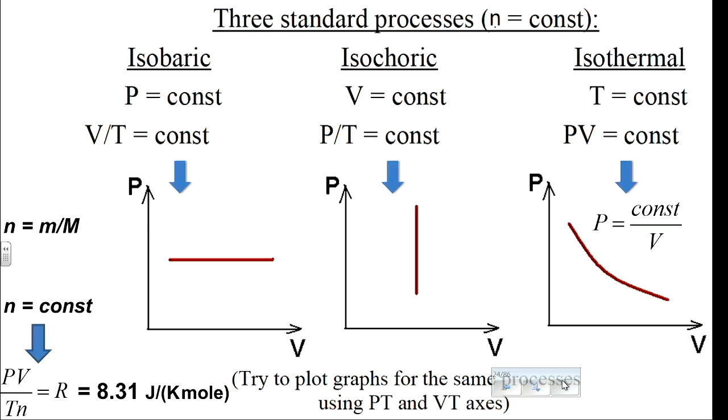If we do it slowly, the temperature inside of the syringe balances out quickly with the outside temperature, and that means we observe the isothermal process. And these equations have been derived from experiments more than 100 years ago. Boyle and Mariotte, Charles, Gay-Lussac.